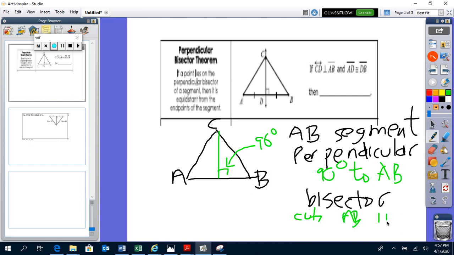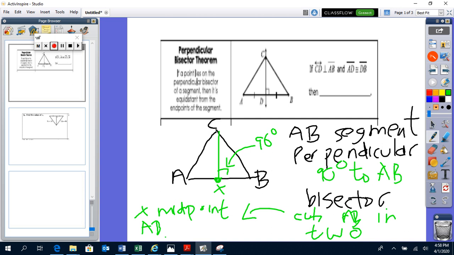AB in two. Now, if you remember, you were learning about midpoints and mid-segments yesterday. So if we draw a point X there, X will be the midpoint of AB.